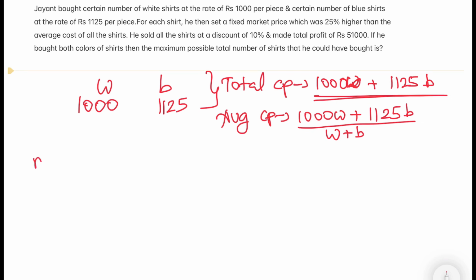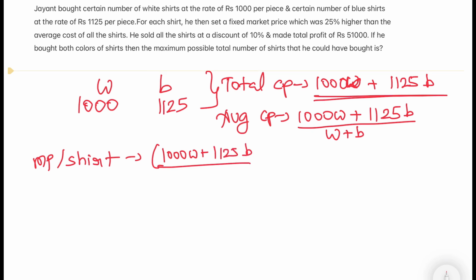So the mark price per shirt can be found as this entire thing, 1000 W plus 1125B upon W plus B, multiplied by 1.25.